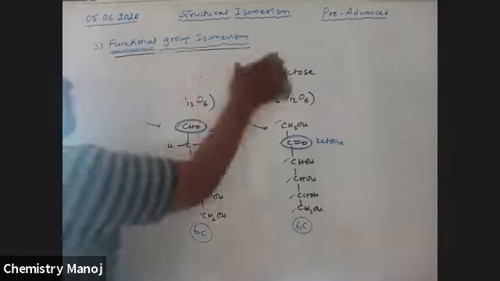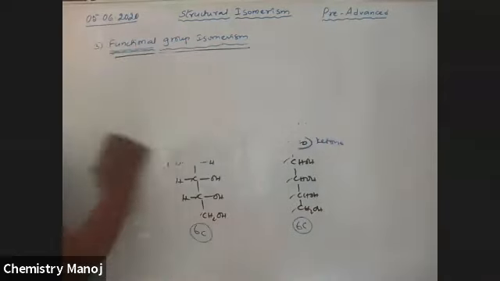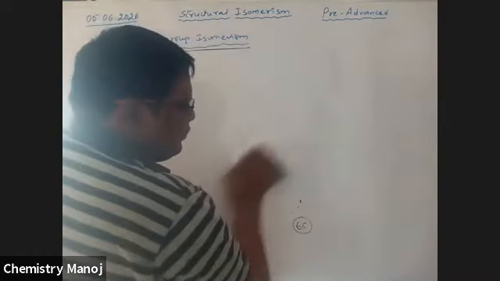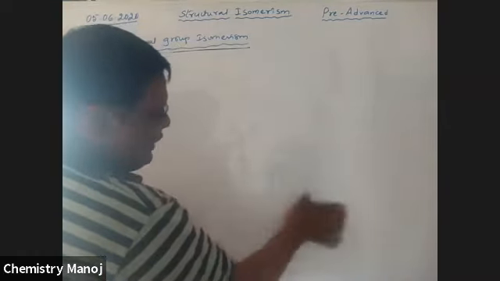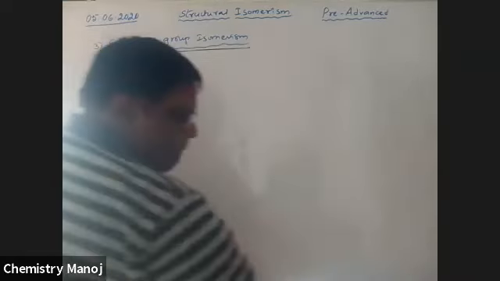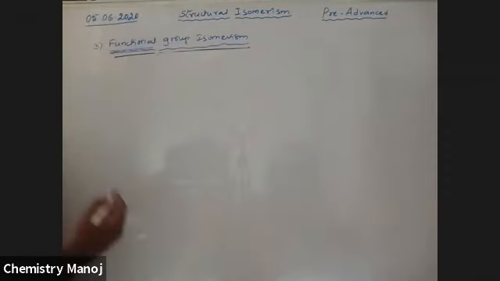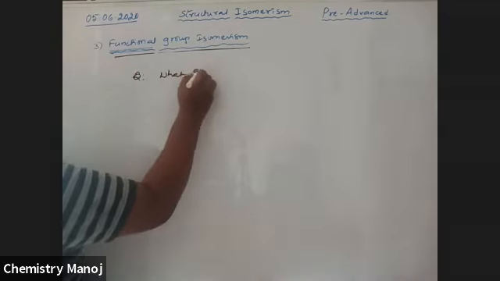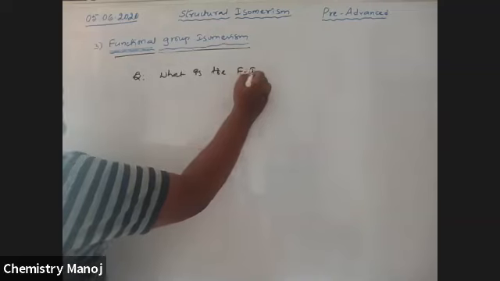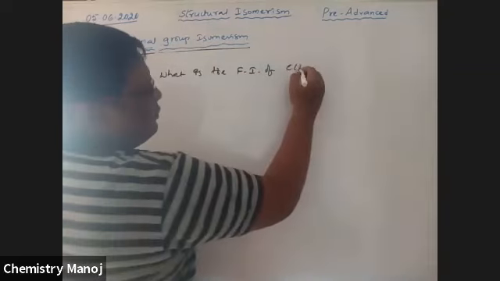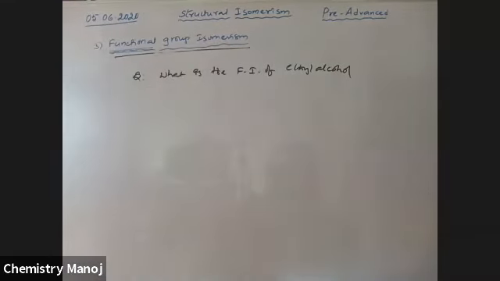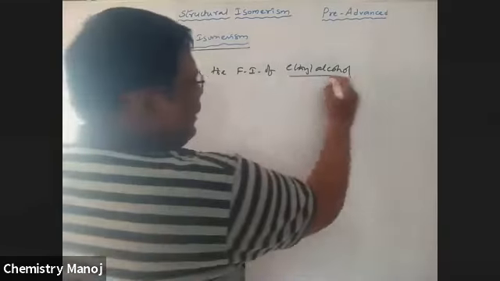Now, write the functional isomer for ethyl alcohol. What is the formula for ethyl alcohol? First of all, you should write ethyl alcohol.